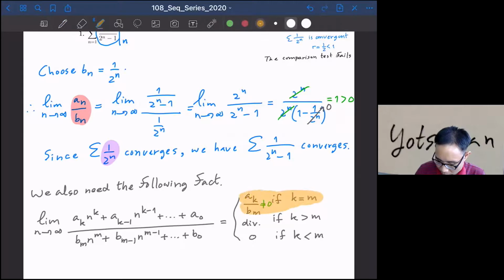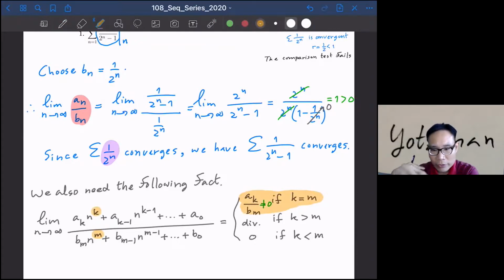So the important one turns out to be the first case, when you have k equal to m. In order to find the limit of the quotient to be not equal to 0, you need the power of the numerator and the power of the denominator to be the same.